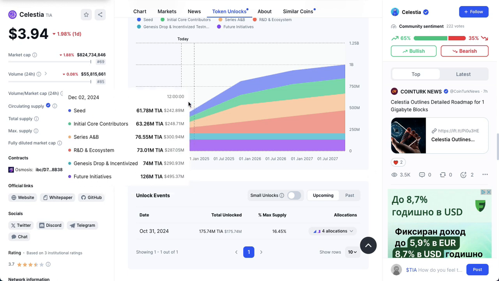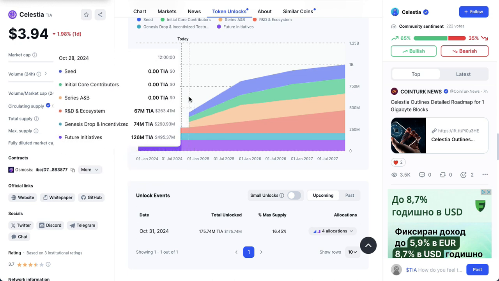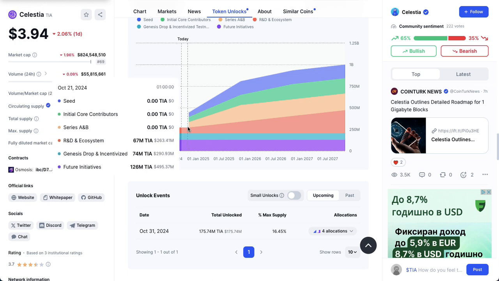I have to be fully transparent with you guys and tell you the truth. On 28th of October, the team who developed Celestia will start putting that 800 million TIA into circulating supply, of course slowly, but I can clearly see a huge increase on 28th of October.